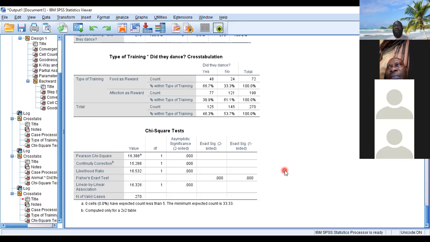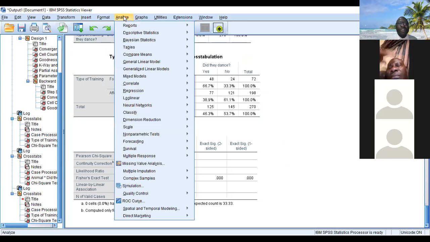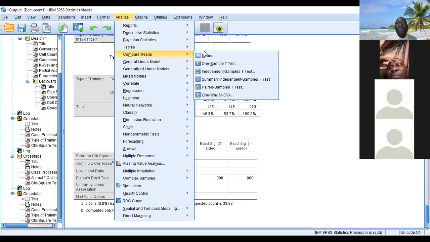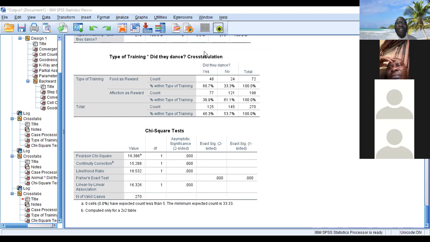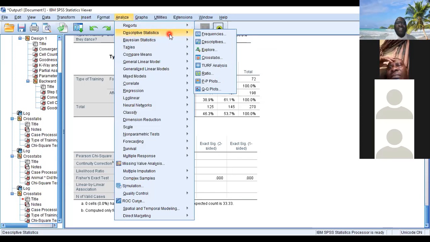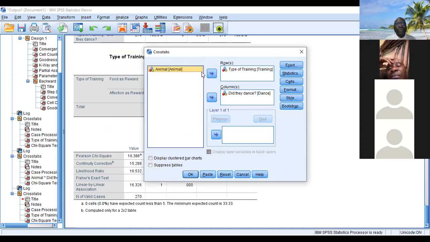The best way to interpret it correctly is the way we separated it, where we run the crosstab separately, layer by layer, for each animal. So in this case, you do it separately for the animal.